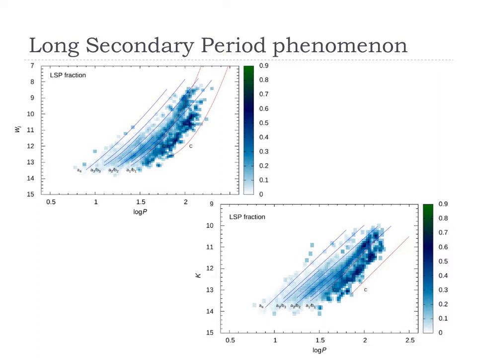So this shows us that there might be more than one place where LSP occurs in the course of the giant evolution, when the star is moving from the short period range to the long periods and crossing the different sequences. It might be that LSP appears and disappears more than once.